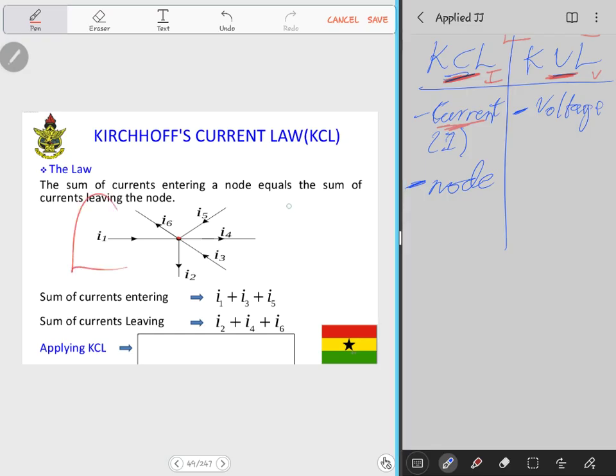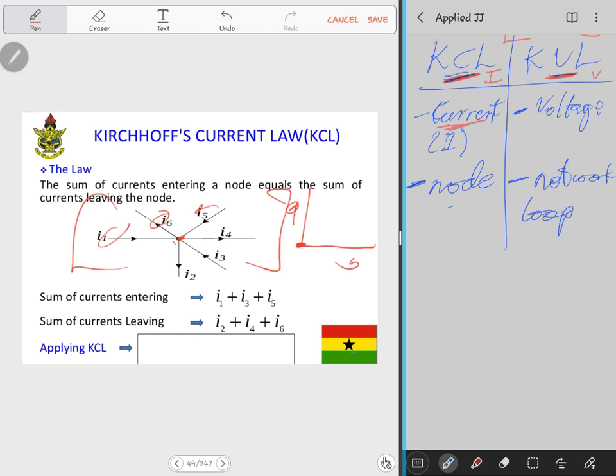Let's say this is branch A and this is B. If there are two different wires, this point is a junction, but because there are more than one wire, here 6 or so, this place is a node. So when it comes to KCL, our interest is current at nodes. But when it comes to KVL, our interest is voltage within a network or a loop.